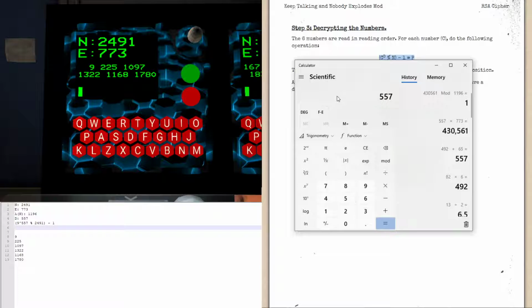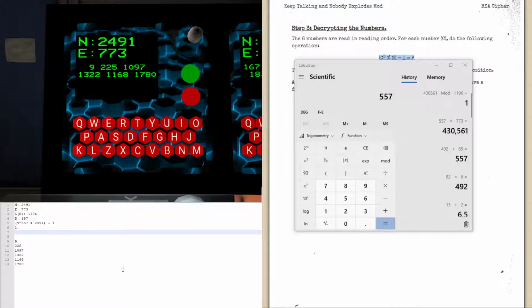To do that, we're going to look at 557. If it's an odd number, which it technically is always going to be, we're going to have a 1 here. Otherwise, if it was even, we would have put a 0 instead. And then we're going to divide it by 2, rounding down, obviously.